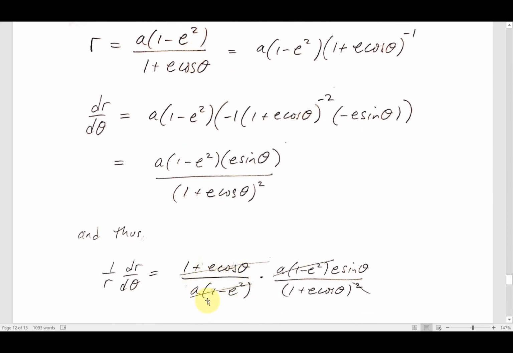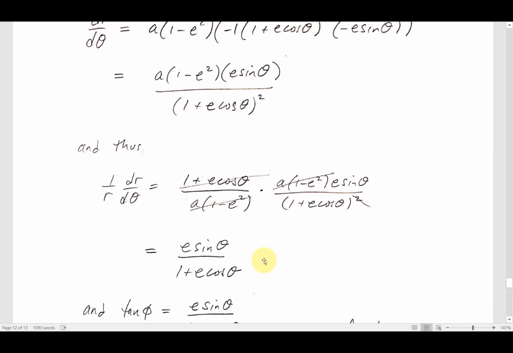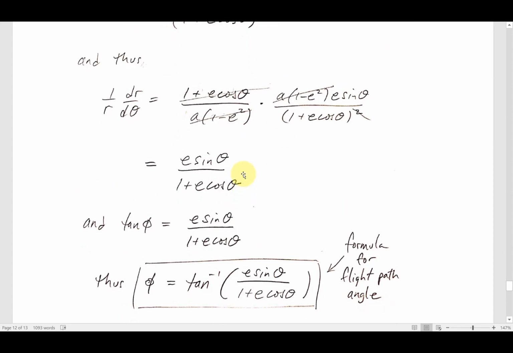So that's the 1 over r right there times dr d theta that we just computed, and the a times 1 minus e squared cancels. The 1 plus e cos theta cancels with one factor that I had since there was a square. And so this is a formula now for 1 over r dr d theta, and the tangent of the flight path angle should equal this value.